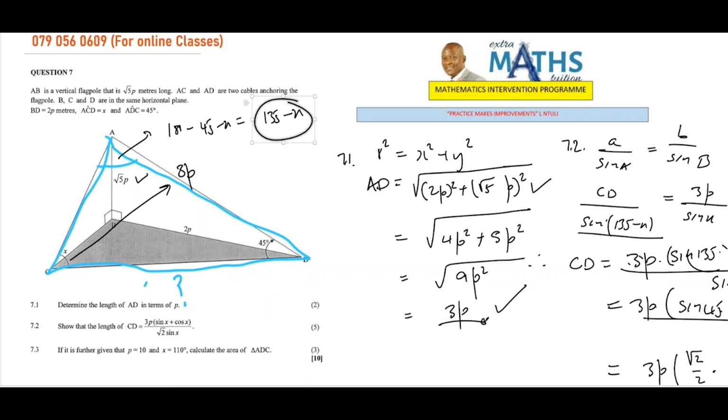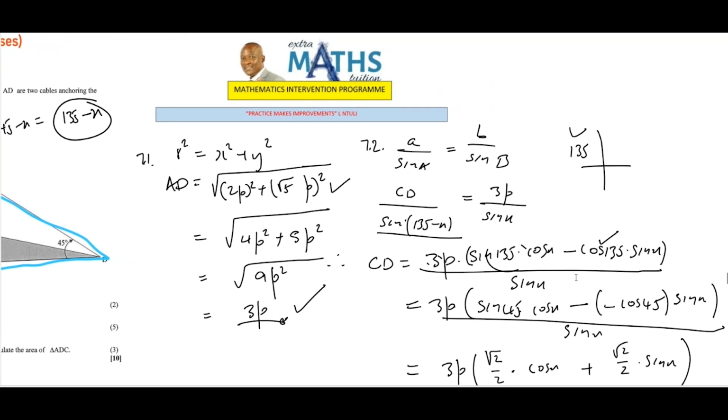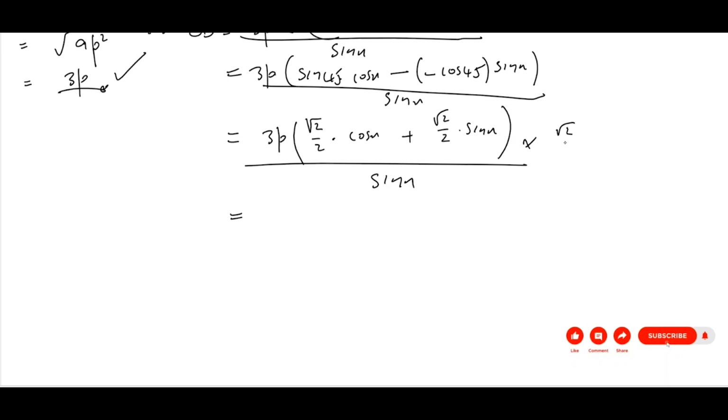It means we can take this root 2 as a denominator. Over 2, means you can multiply by root 2 over root 2. Then our final answer now will be 3p.